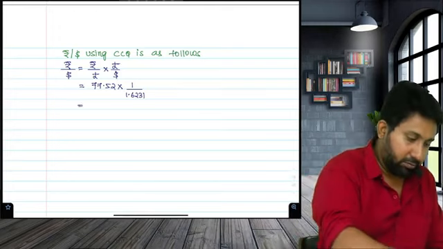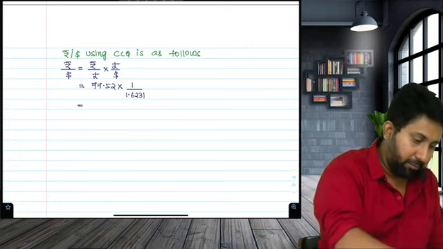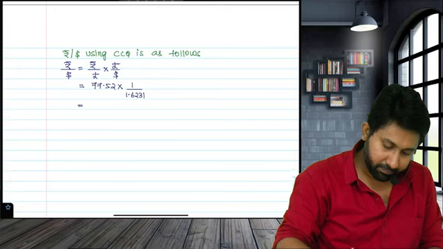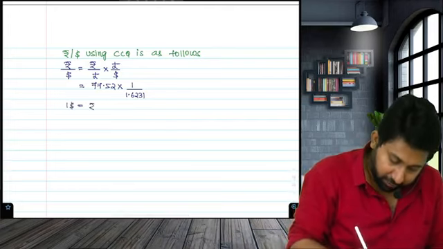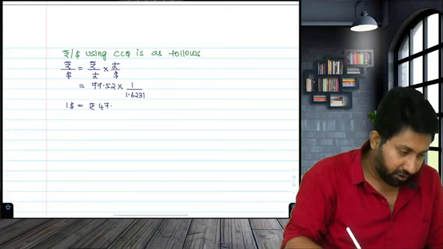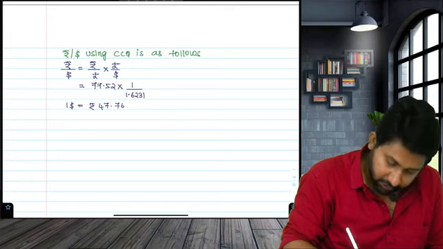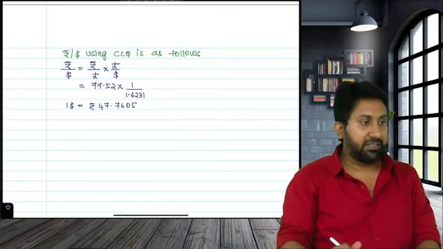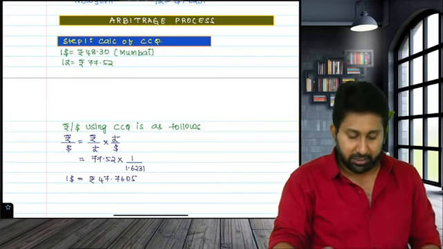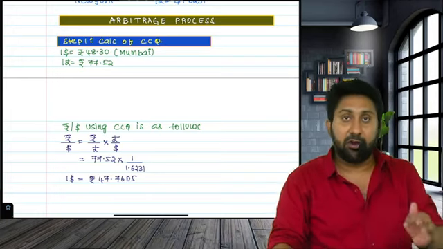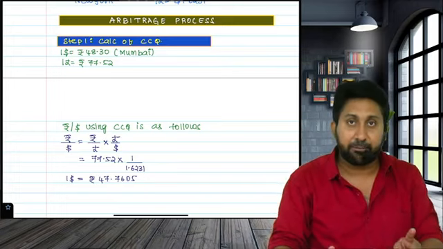So that equals 77.52 divided by 1.6231. How much? $1 equal to rupees 47.7605.